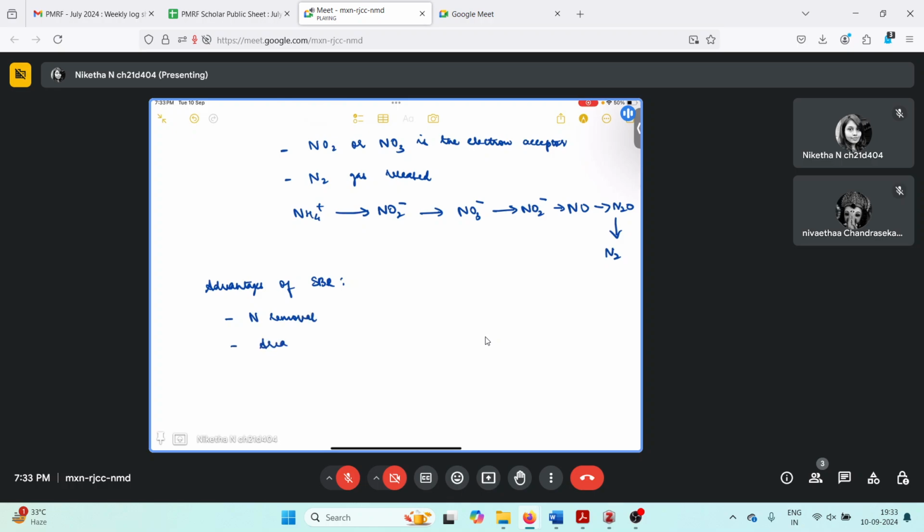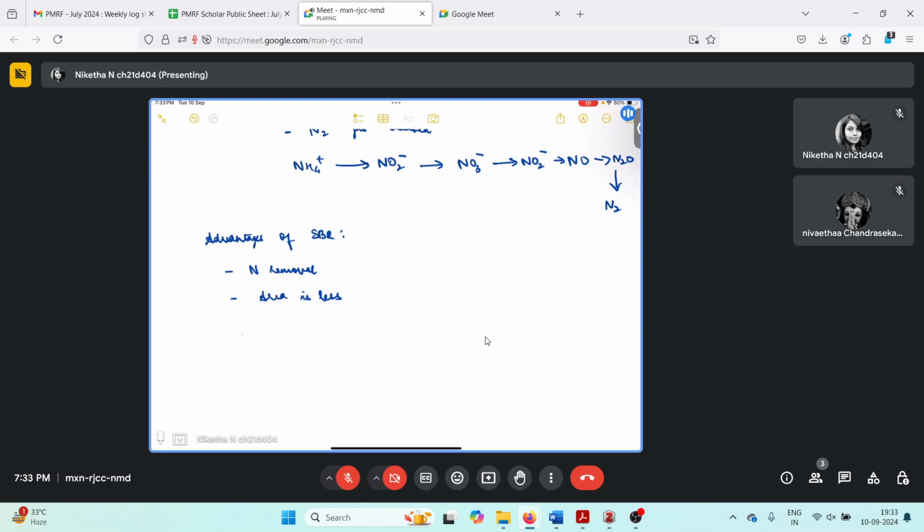Area requirement is less. There is flexible operation. If you want, you can have anoxic, aerobic, or anaerobic conditions. All this can be controlled, so there is flexibility in the operation.